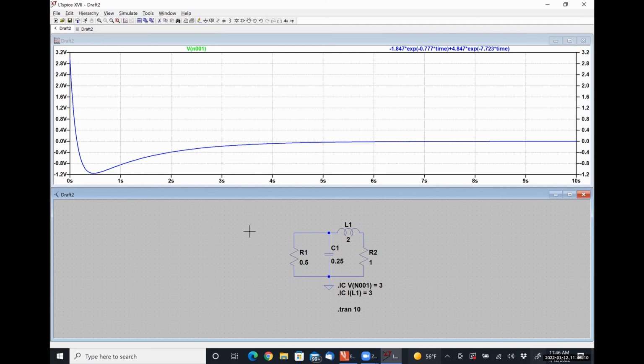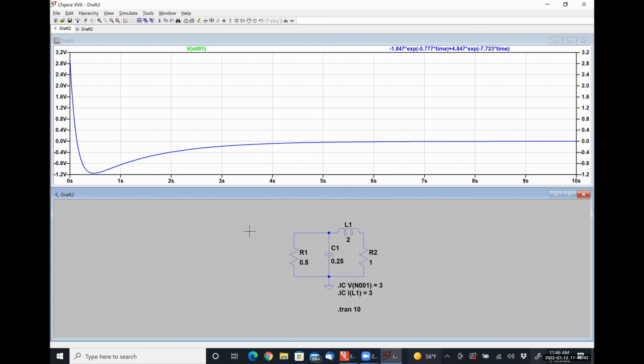If we wanted to make sure that our analysis of the circuit at t is equal to 0 minus is correct, or figure out how to get those initial conditions easily, we could plot the circuit during that DC steady state condition and use a DC analysis to determine our inductor current and our capacitor voltage, right?